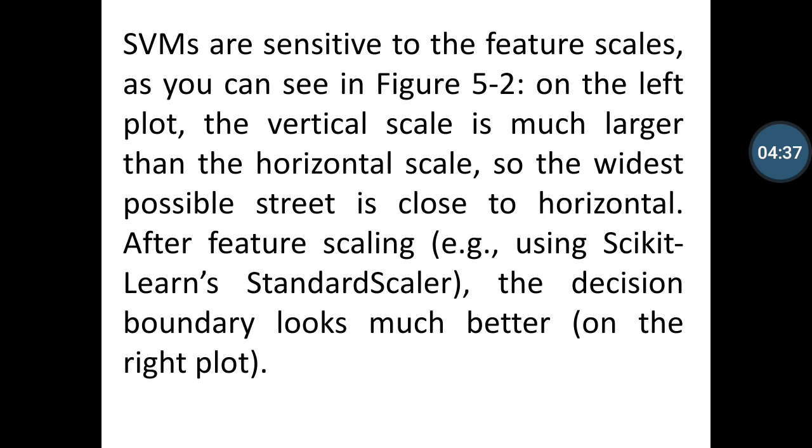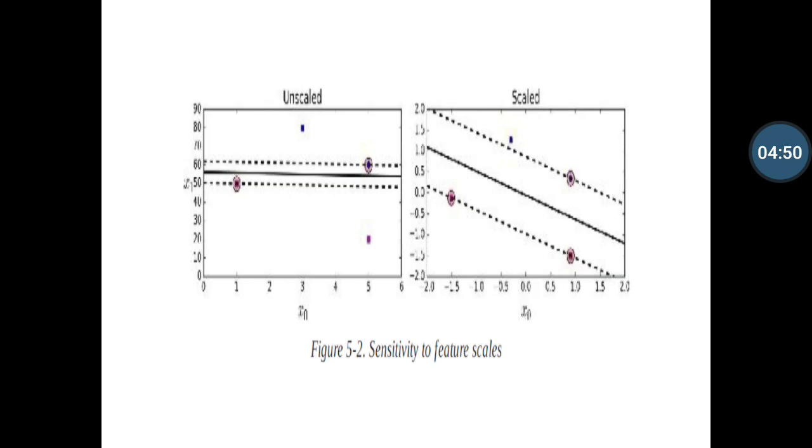After feature scaling, for example using scikit-learn's StandardScaler in this example, the decision boundary looks much better on the right plot. You can see the slide as unscaled and scaled, and the difference between them is shown in this slide.